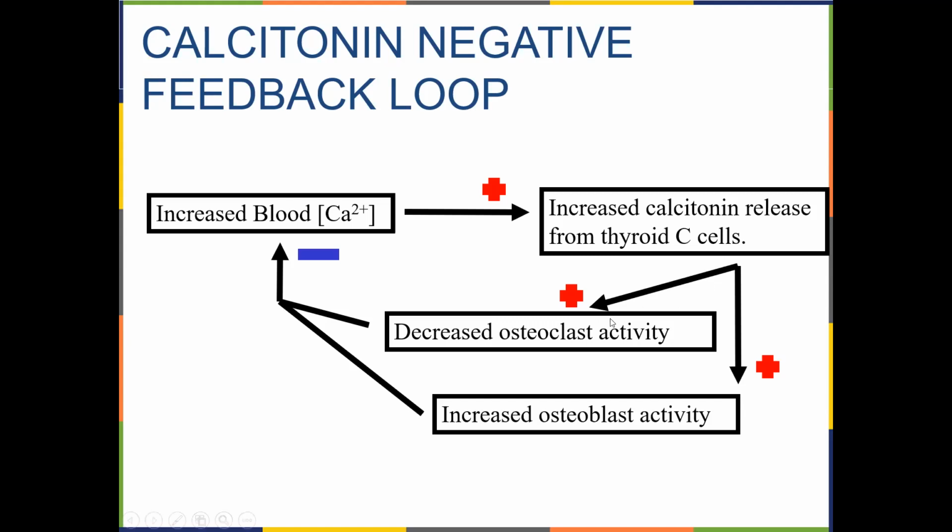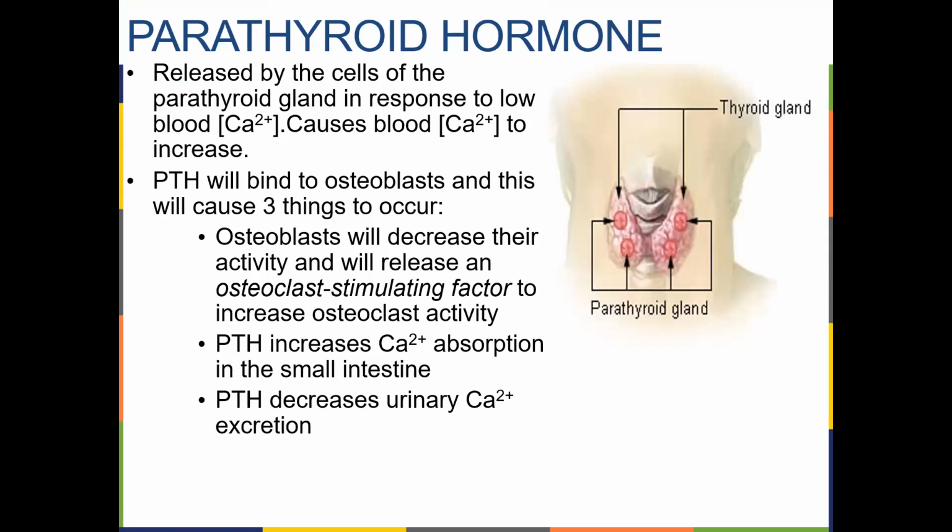That will shut down osteoclast activity. We're not going to dissolve bone for a while. And it will stimulate osteoblasts to lay down new bone. This doesn't happen very often because we're very rarely in a position where we would have excessive calcium in our blood. The parathyroid hormone, on the other hand, is important. It is also classic negative feedback.